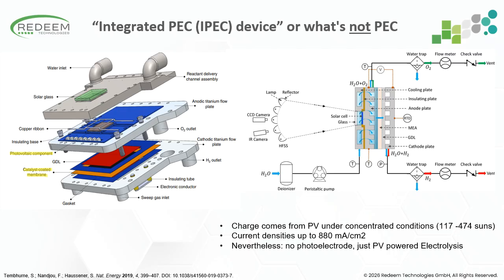So whether these systems should be classified as PEC or PV electrolysis is still debated in the literature. In this presentation, I would just adopt a stricter definition where a PEC device requires at least one illuminated semiconductor electrode to be directly in contact with the electrolyte.